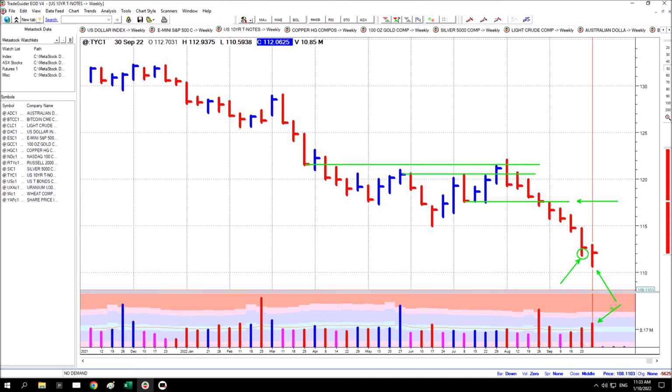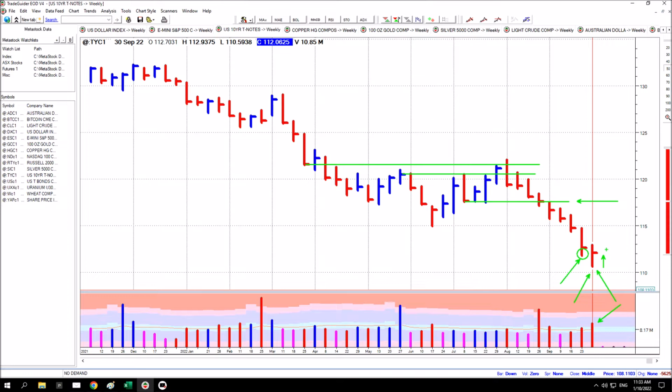Volumes increased to above average, spread narrowed. Prices closed well off its weekly low, up closer to the highs of the bar than the lows of the bar. A lot of the losses for the week were recovered by week's end.